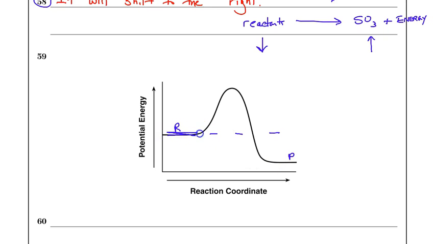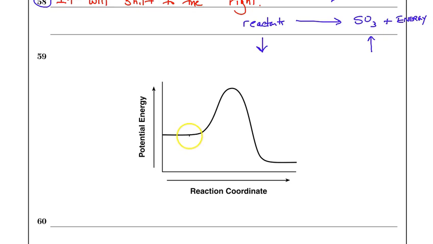You started high and you're going low, so obviously energy had to be released. That's why it's exothermic, just something to review. But the question was about what's happening in terms of a catalyst. A catalyst will not change how much energy the reactants have or how much energy the products have.